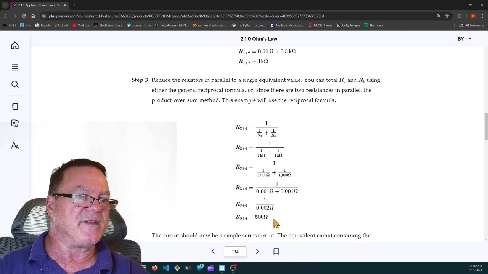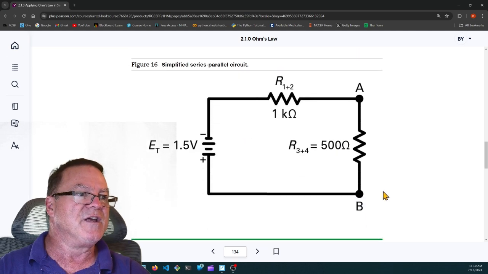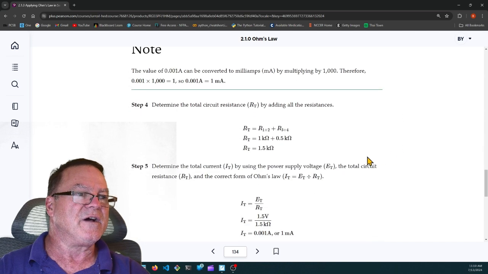And then when they reciprocated the last time, they got 500 ohms. That's the equivalent resistor. So here they've drawn an equivalent resistor. R12 is 1,000 ohms, and R34 is 500 ohms. And they ended up with 1,500 ohms, or 1.5 kilohms, when they added everything together.